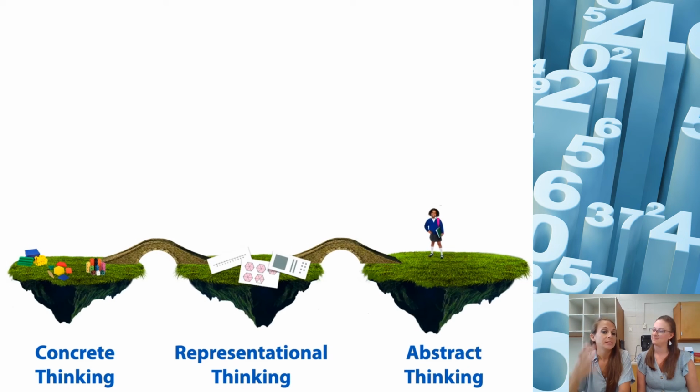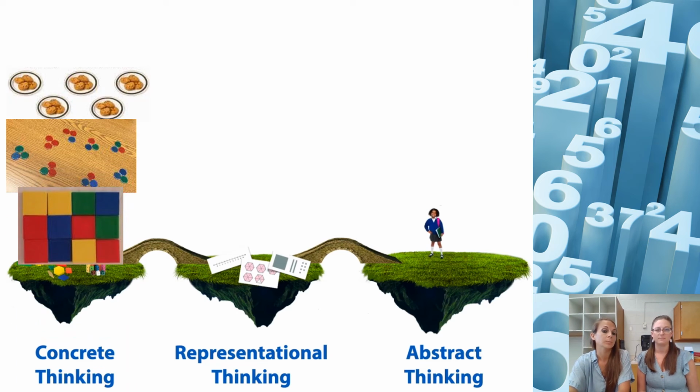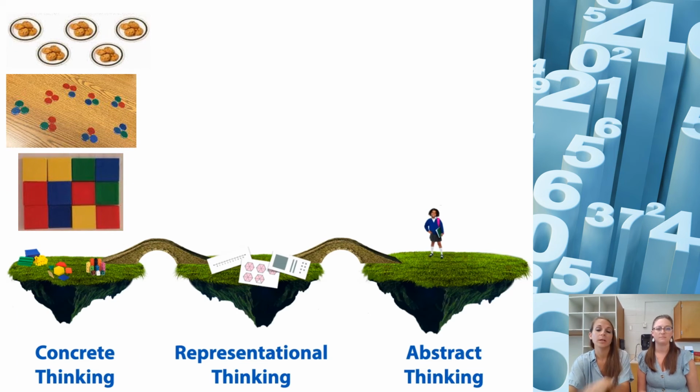Just to summarize the different types of representations that we've seen, some concrete models where it was our groups, whether it was shown in a circle or whether it was plates where each group had its own number in it, or if we used colored tiles to create an array. That was our concrete thinking, where all of our students should be starting learning multiplication.